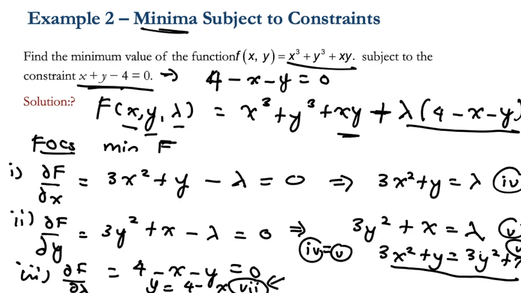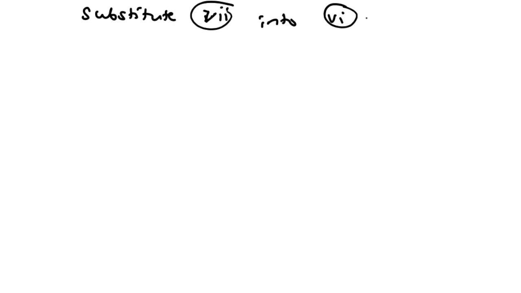So you substitute 7 into 6. When you substitute 7 into 6, so we have what? 3x squared plus y, in which y is 4 minus x, isn't it?